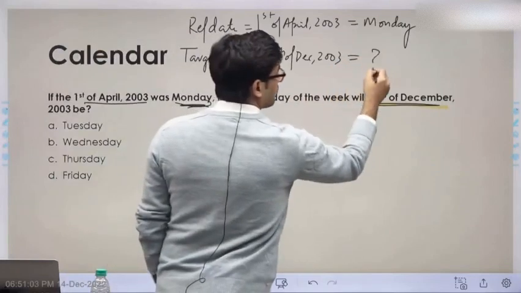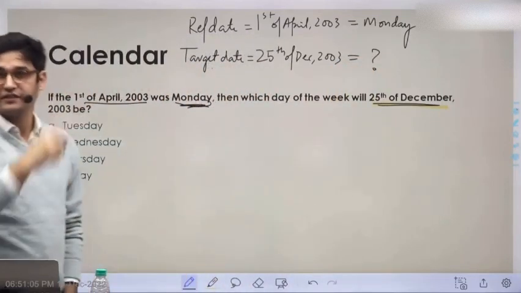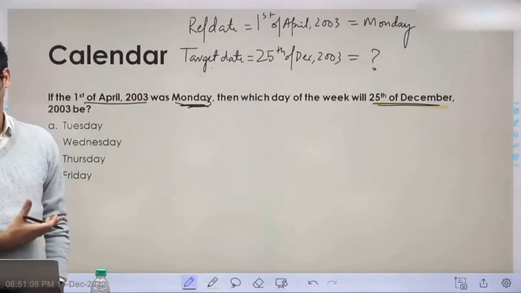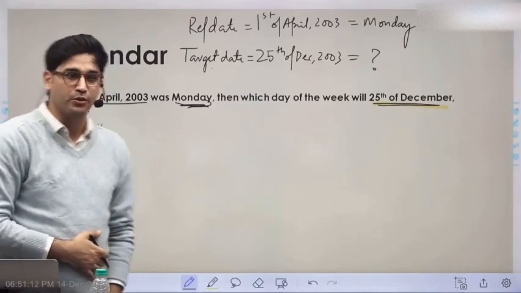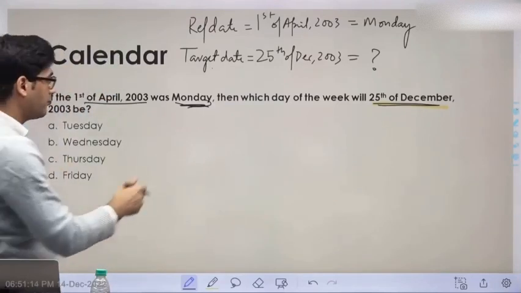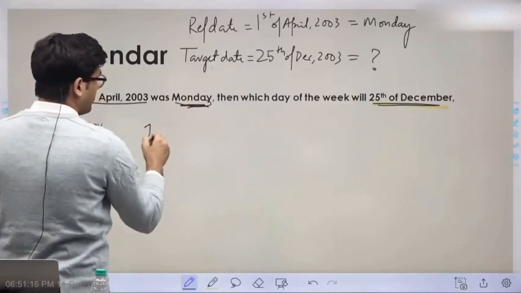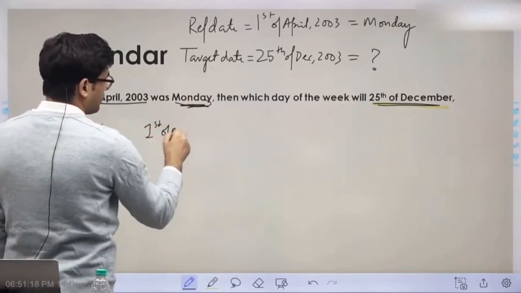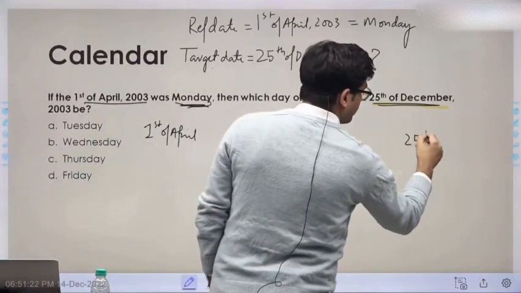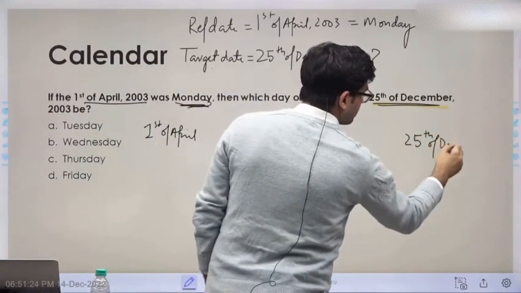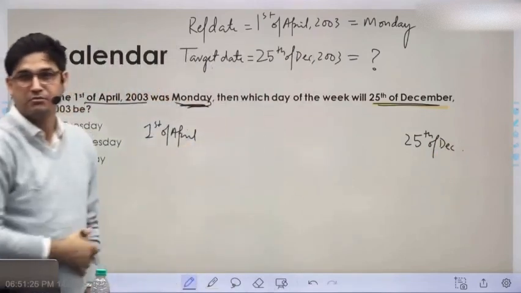I have been asked to find out what day of the week will that be. How do I find it out? Only thing is I had to find out the total number of odd days between the two, right? Basically, I'll have to find out between the 1st of April and 25th of December, how many days have passed in the middle, right?